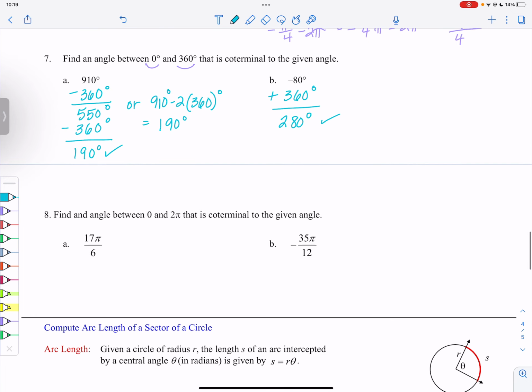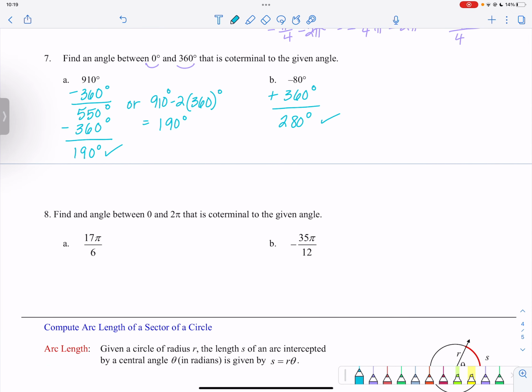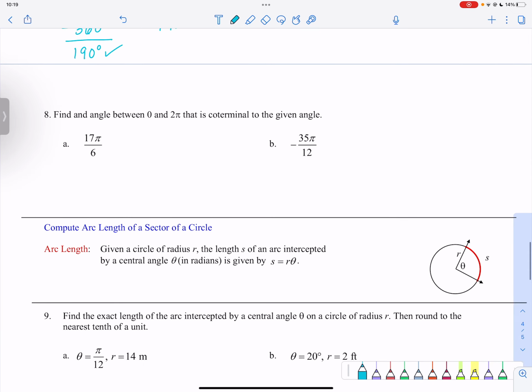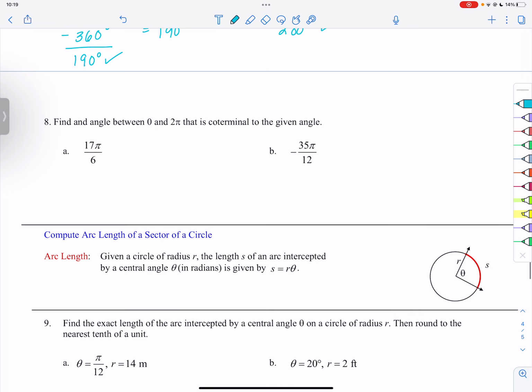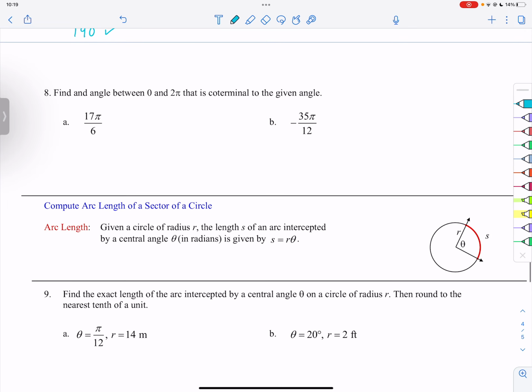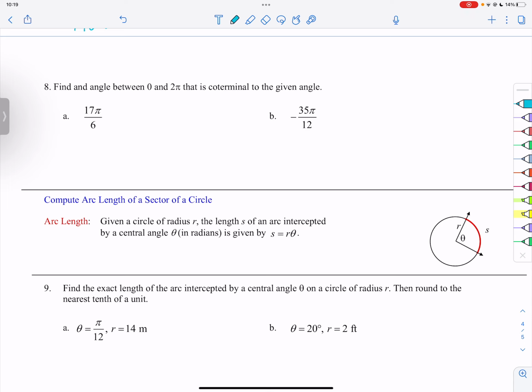Let's go to radians. Find an angle between 0 and 2 pi that is coterminal to the given angle. So here we go. We need to find an angle between 0 and 2 pi, and we're already at 17 pi over 6. So we're going to have to subtract 2 pi and see what we get.